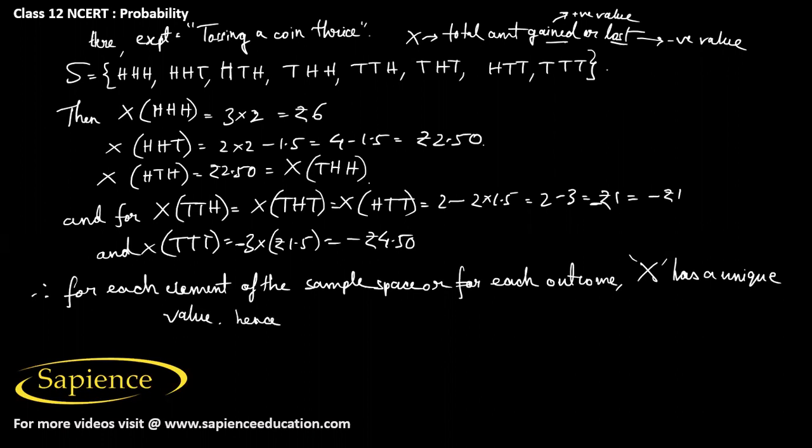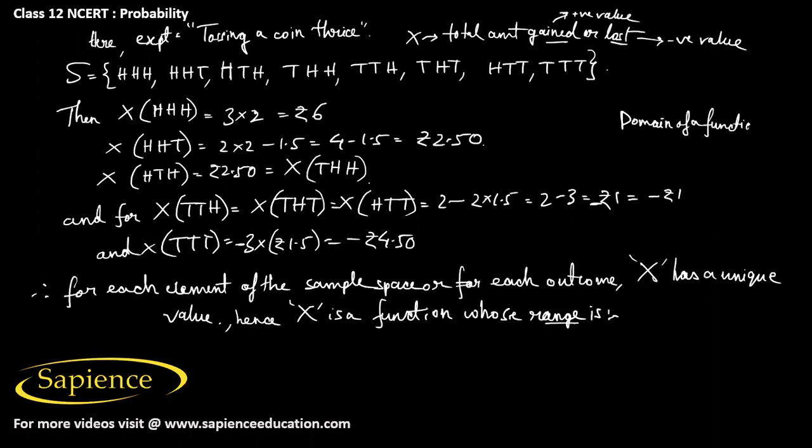Hence x is a function whose range would be given as follows. Range means the set of all the outputs, and domain of a function means the set of all the inputs.